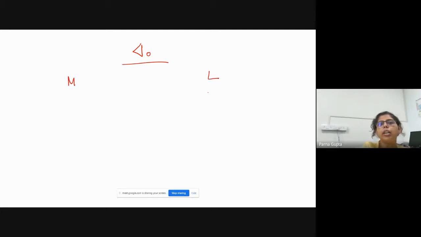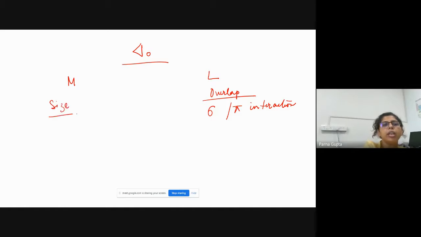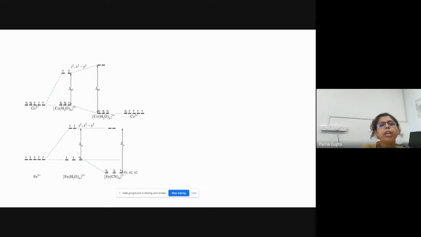For the ligand, if you keep the metal, it depends on sigma, how it overlaps, available orbitals, sigma and pi interaction. Here it is size, so ionic radii size, then the electronic factor, and then you have the spin orbit coupling.